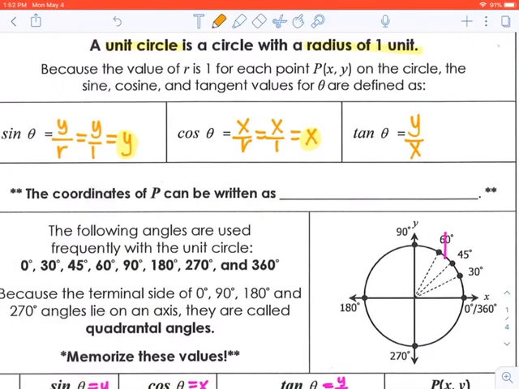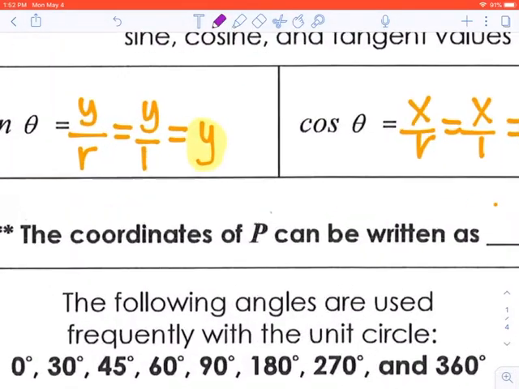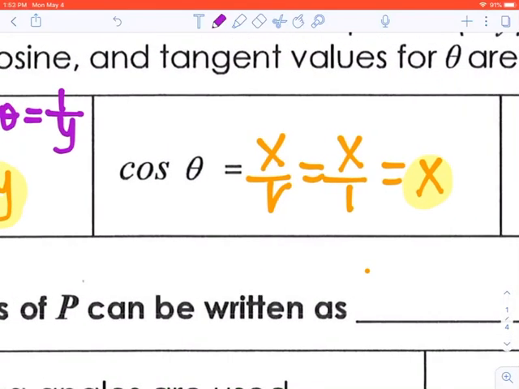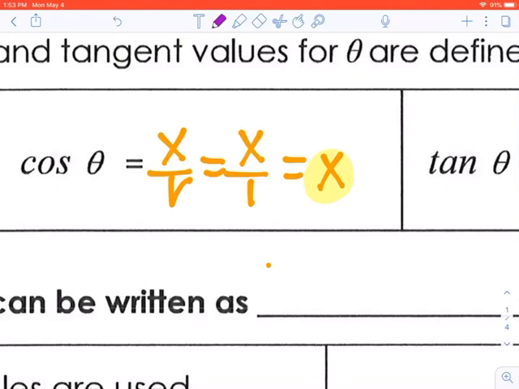Now, please keep in mind that we do have our reciprocal functions. For sine, we have the cosecant, okay? Cosecant of theta. If sine is just y, the cosecant is going to be 1 over y. It's the reciprocal, okay? For cosine, the reciprocal is secant. So the secant of theta is going to be 1 over x.